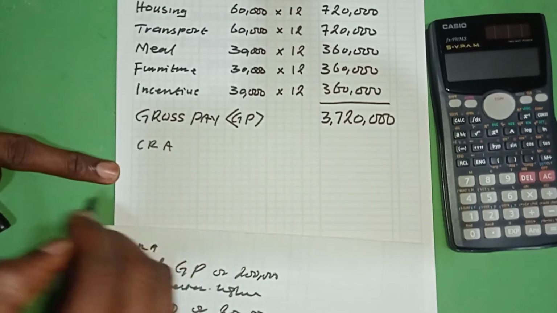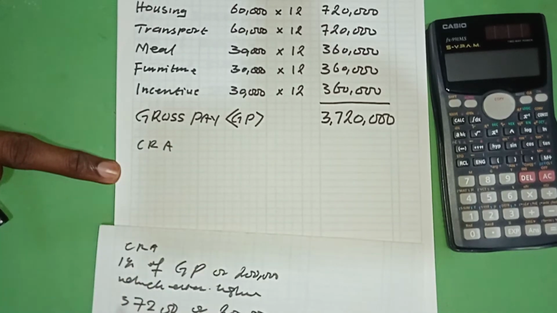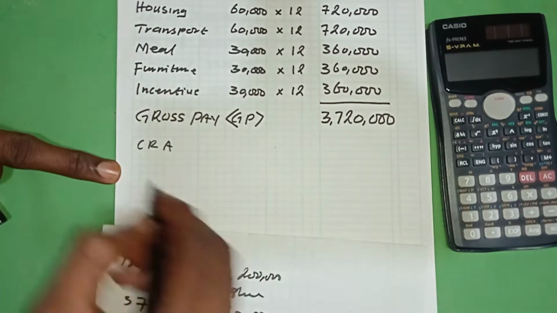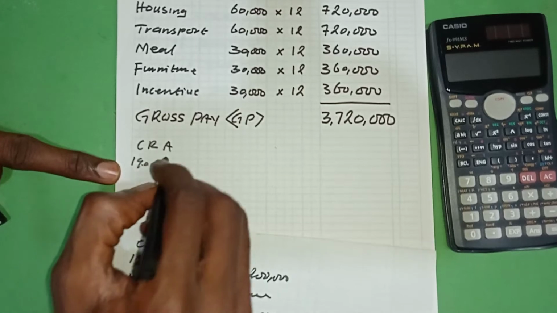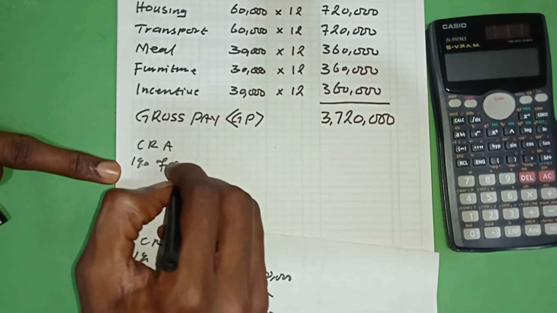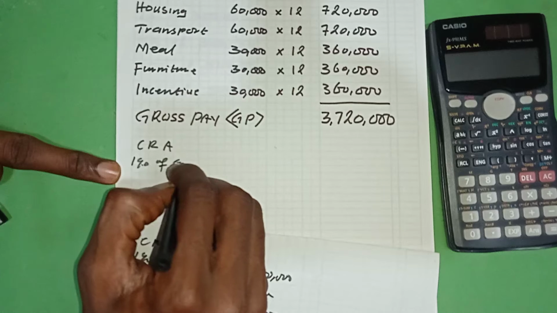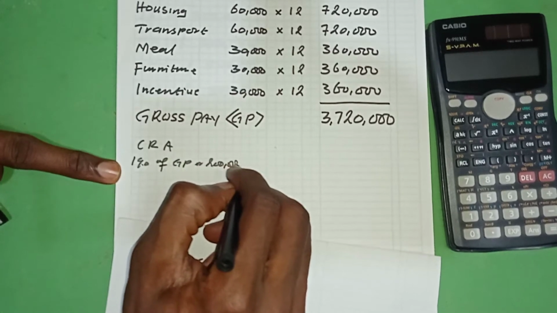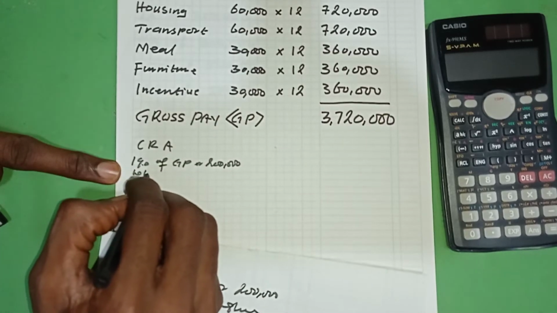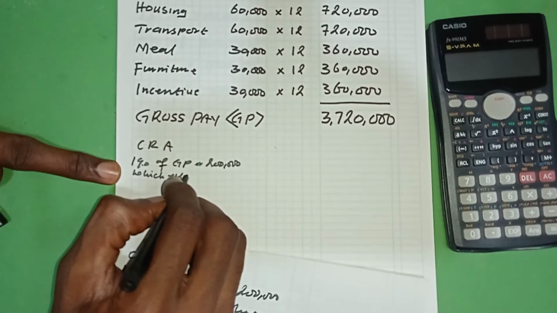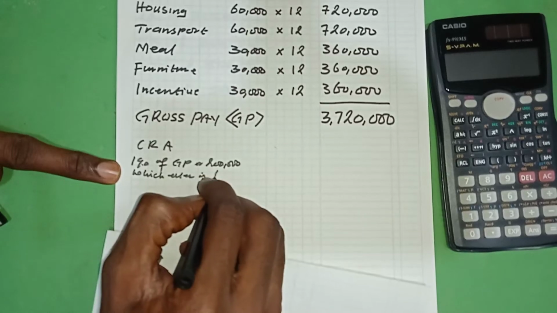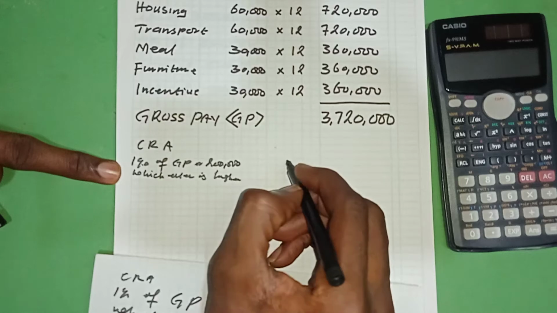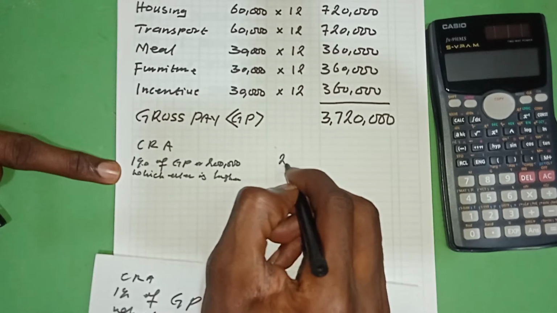Yes, perfectly. Your CRA here will now be 1% of GP, or 200,000, whichever is higher. In this case, our 200,000 is higher, so let's put 200,000 here.